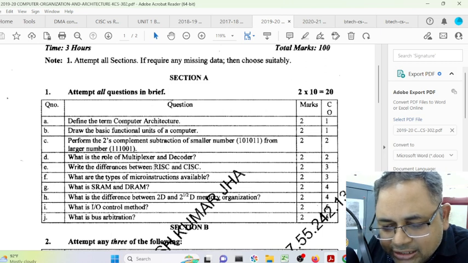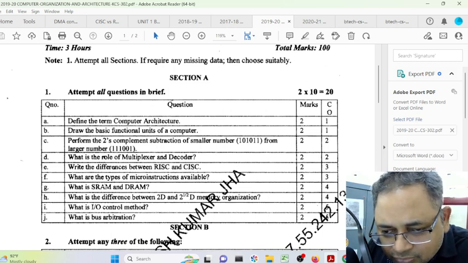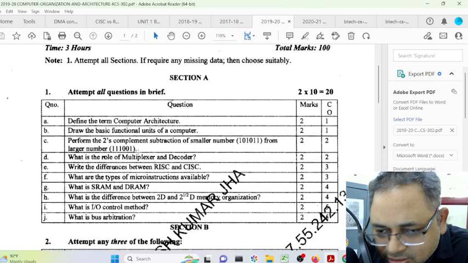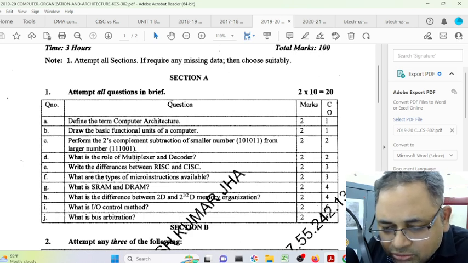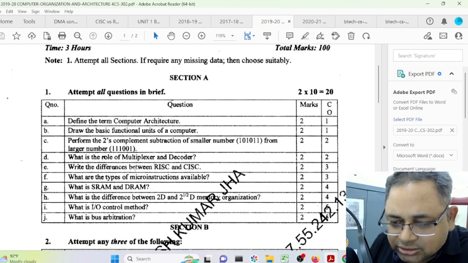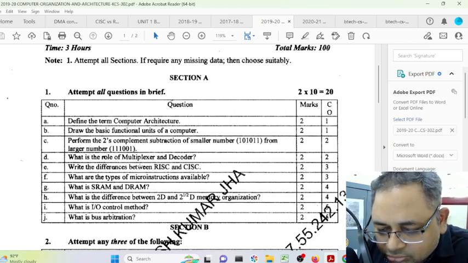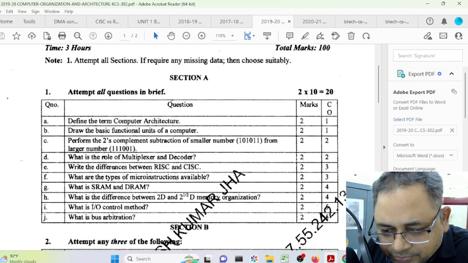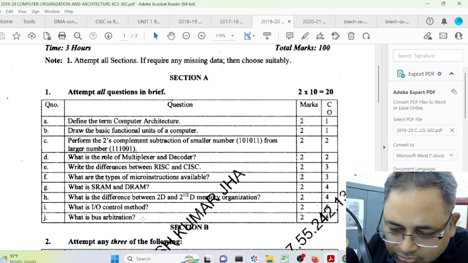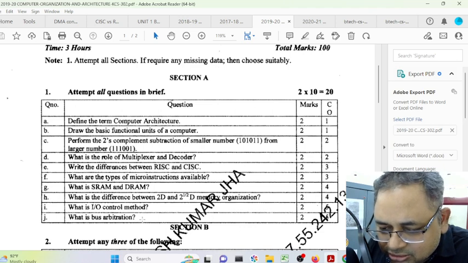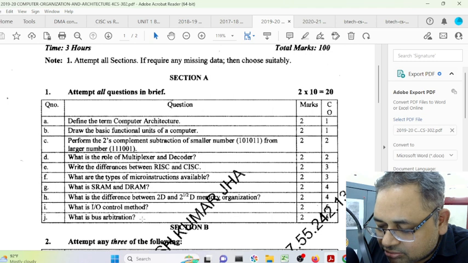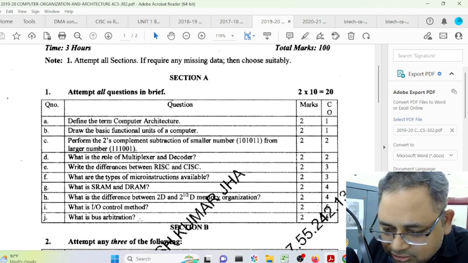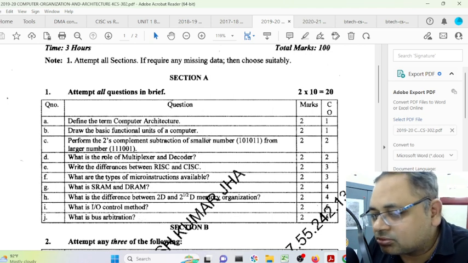So we can see that the questions related to memory and control unit mostly come in 2 marks questions. Bus arbitration: the system bus is allocated to different masters, different processors, different ICs of the motherboard.